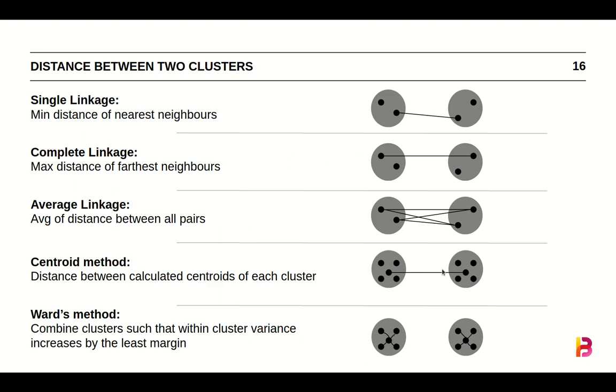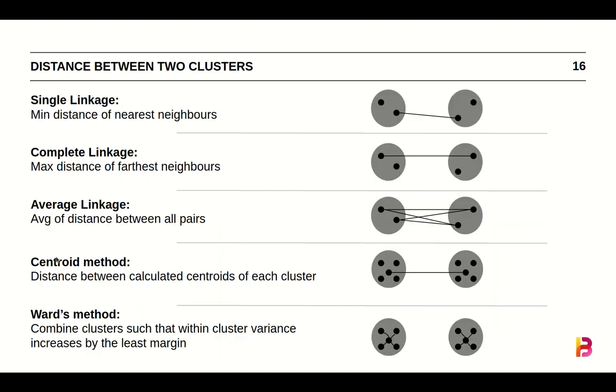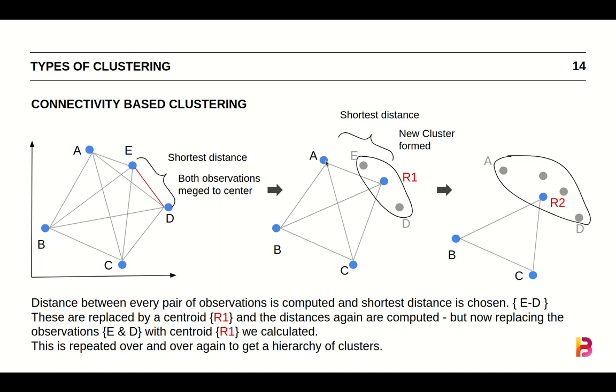Now it so happens in Ward's method, clusters would combine using the notion that this cluster could have expanded to A or it could have expanded to C. But the reason why it would expand to A is, if we calculate the distance based on the centroid method, it would expand here because this distance was the least.